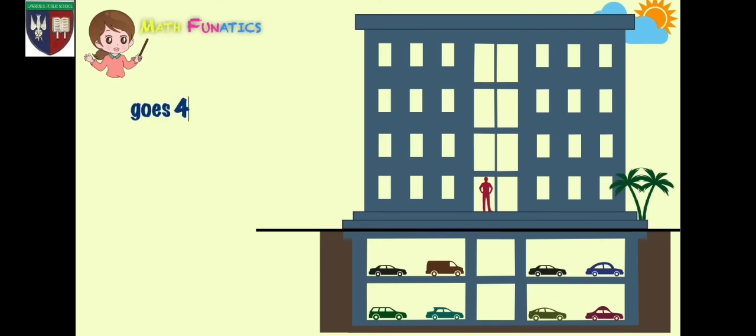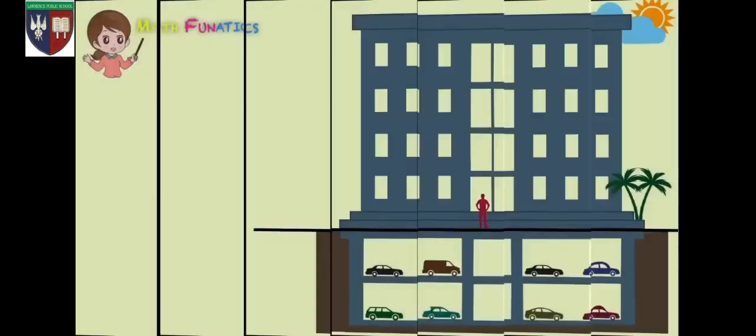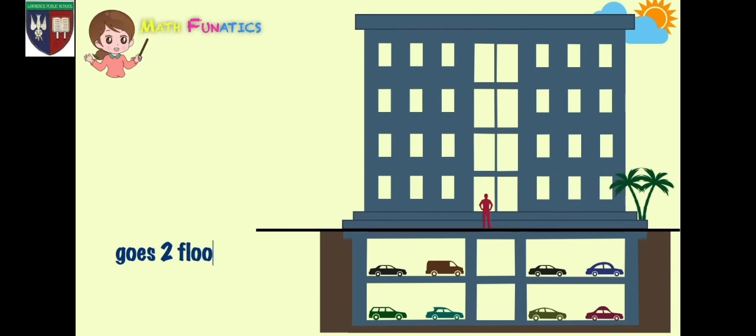So, if the man goes 4 floors up the building, then it may be represented by positive 4 or 4. But if he goes 2 floors down the building, then it is negative 2 that best represents his action.